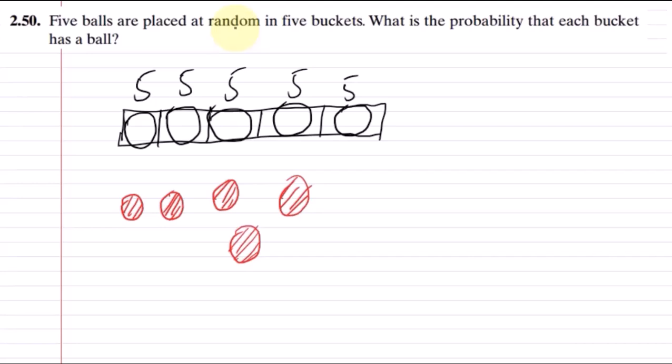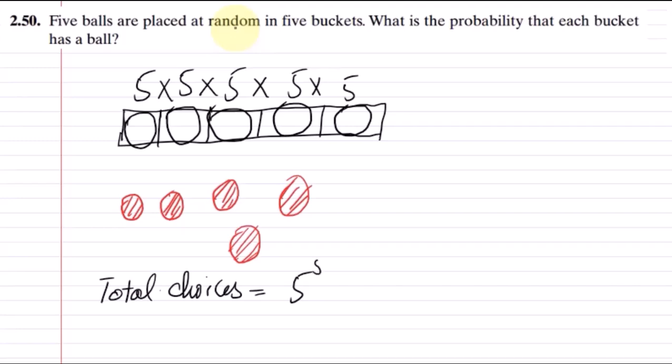That's why this is the AND operation, in which each and every bucket has the choice of 5 balls, because each bucket can basically have any of the 5 balls. So the total choices here will be 5 multiplied by itself 5 times, which is 5 raised to power 5. Okay, so that is the total number of choices.